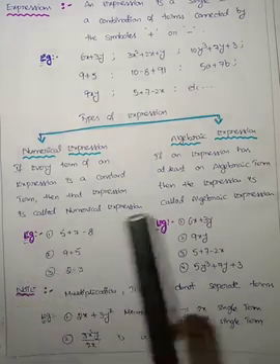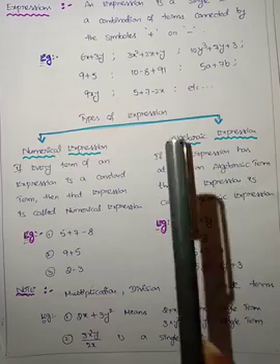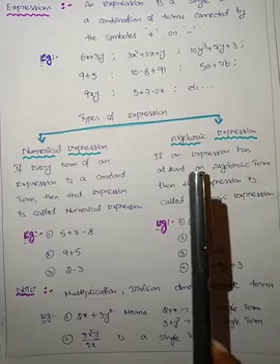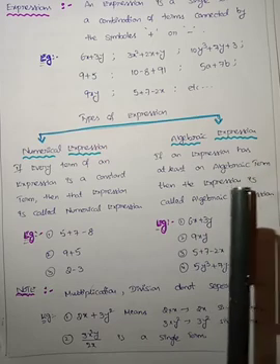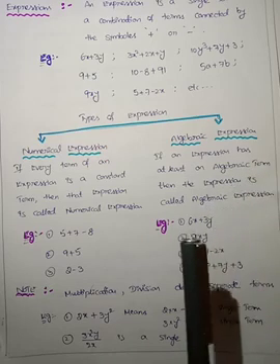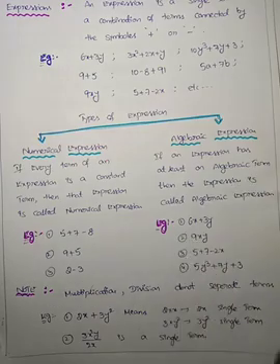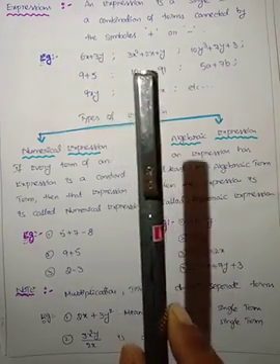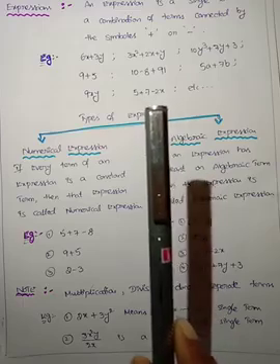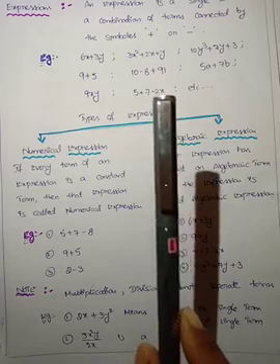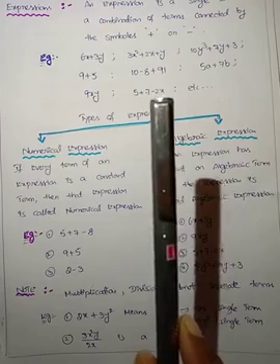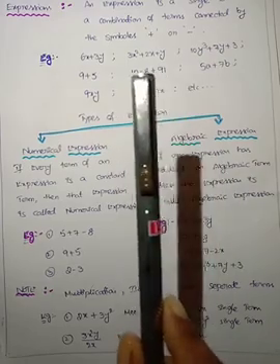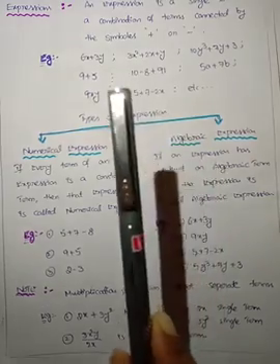But now what about the algebraic expression? If an expression has at least one algebraic term, then that expression is called an algebraic expression. If we take any expression, and in that expression at least one term is an algebraic term, then that expression is an algebraic expression.